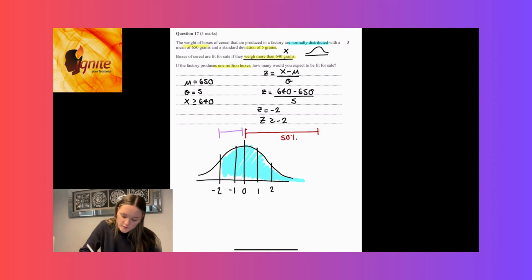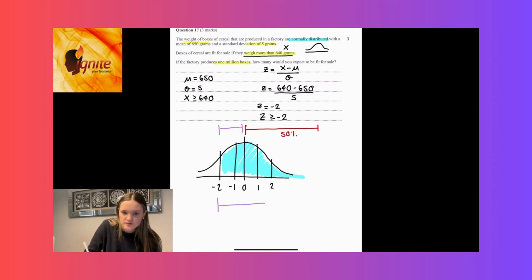Well, we know that in our formula sheet, from -2 to 2, that's where 95% of our scores sit. So if we only want to look at the scores between 0 and -2, we would go 95 divided by 2, which is going to give me 47.5%.